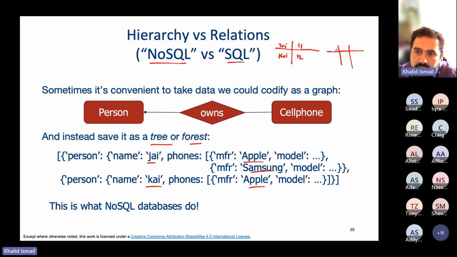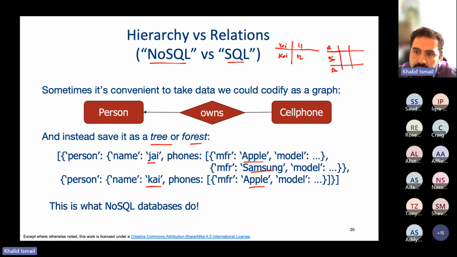The first phone, for example, is Apple, the second phone is Samsung, and there's another Apple, a different model.